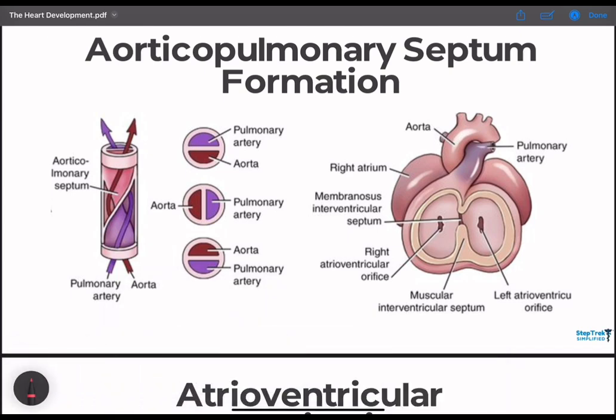At the front, or at the ventral side, we have the pulmonic artery which is connected with the right ventricle, and an aorta which is dorsally, or at the back side of the pulmonary artery, which is connected to the left ventricle. So the course of the pulmonary artery is that it is initially at the front, then it switches to the left, then at last it goes toward the back of the aorta.